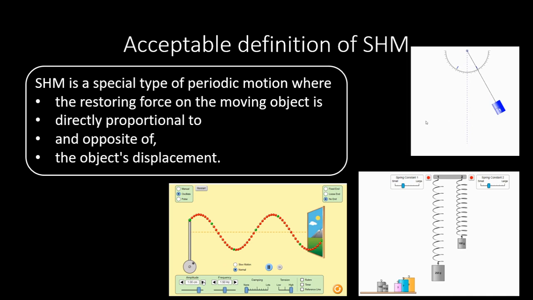Now we see the simple pendulum has a maximum amount of displacement towards the right from the equilibrium position, and now it has maximum displacement from the equilibrium position to the left. The restoring force is acting on the object rightward, that is leading the object towards the equilibrium position. So the restoring force is acting on it to get it to the equilibrium point.